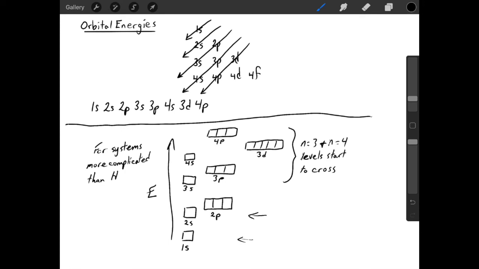And you can see that this corresponds to the order for the energy level diagram that I've shown you, where 1s is lowest, then 2s, 2p, 3s, 3p, 4s, 3d, and then 4p.